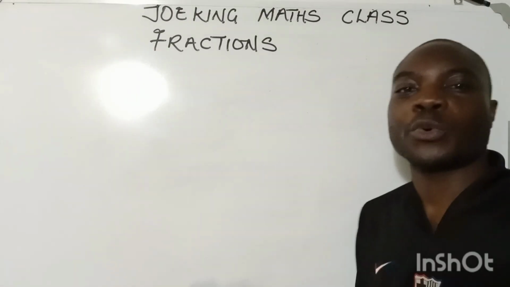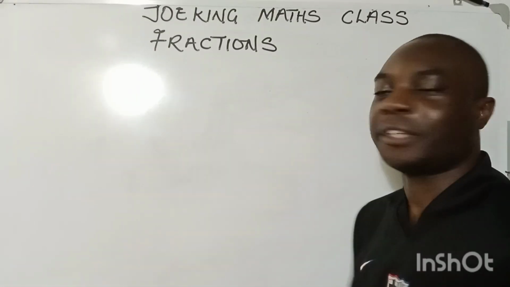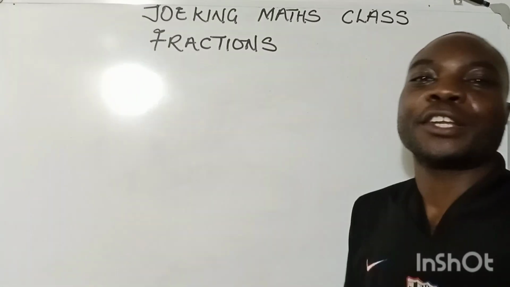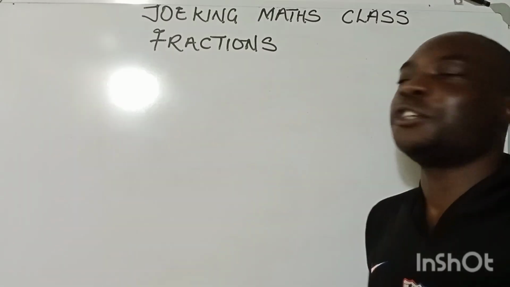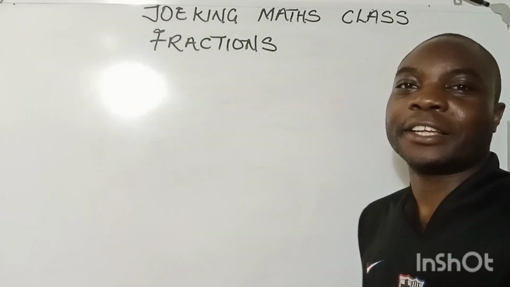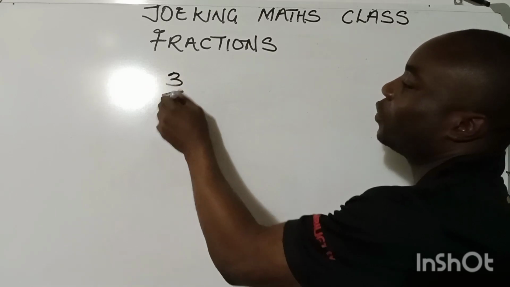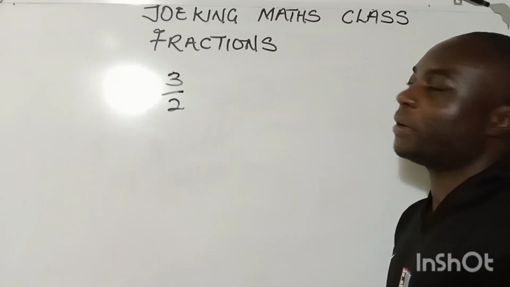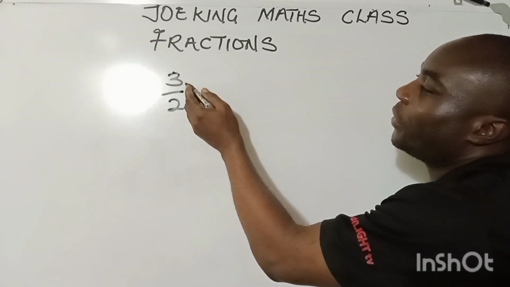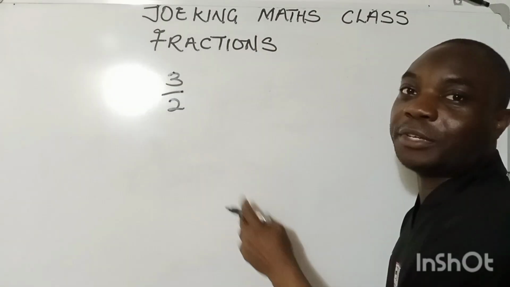Now, let's go to another type of fraction, which is improper fraction. In an improper fraction, the numerator is bigger than the denominator. Let's take, for instance, we have 3 over 2. This is an improper fraction. Why? Because the numerator is bigger than the denominator.